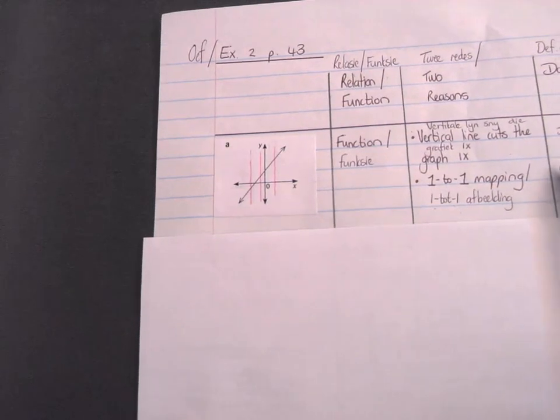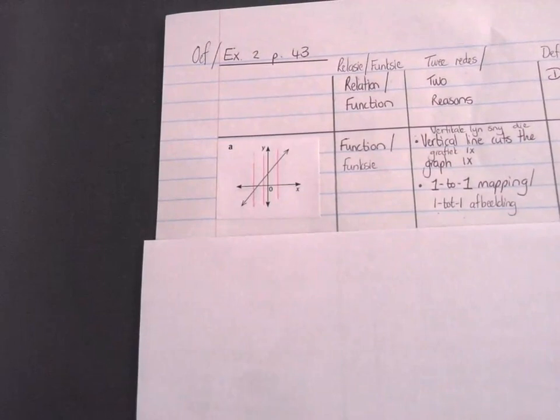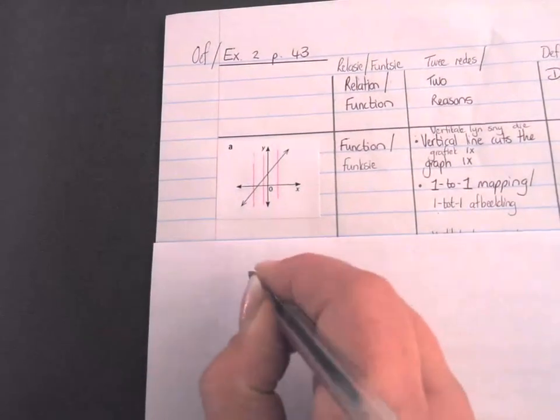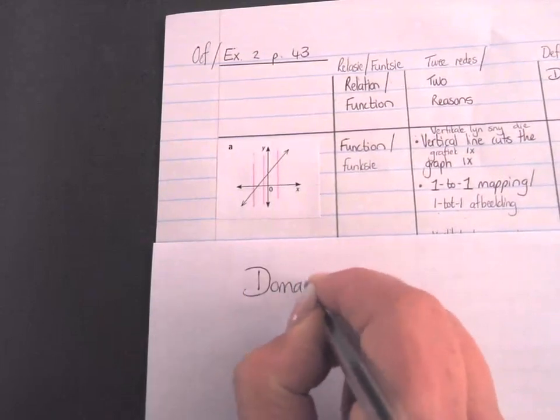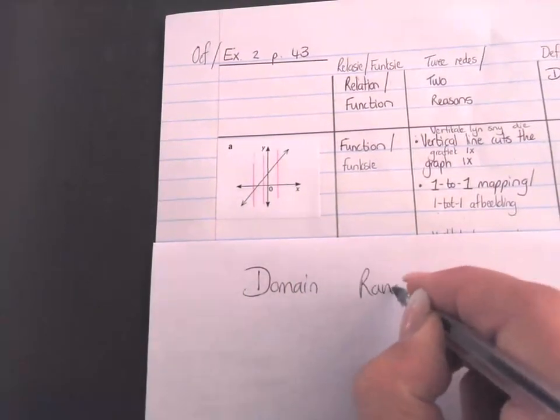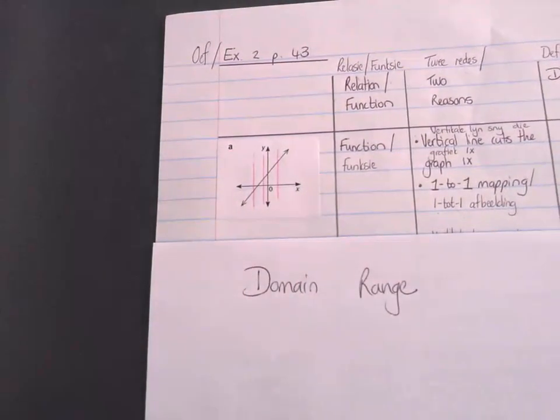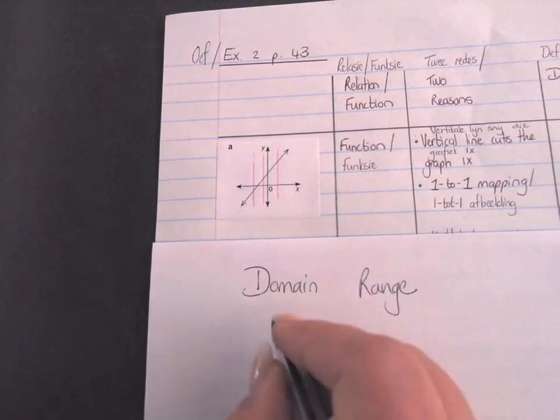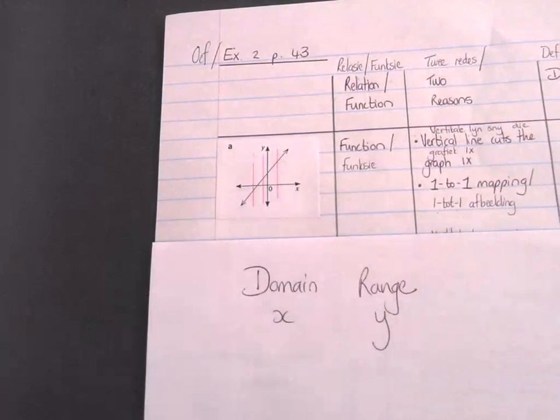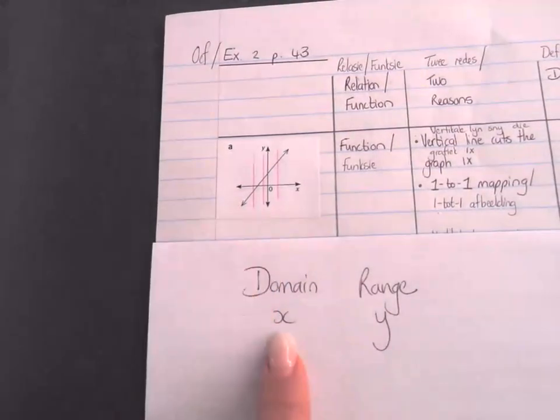Now, if you look at the domain and range, if you get mixed up which is which, remember it like this. Domain comes before range in a dictionary. The D is before the R, and the X is before the Y. So the domain are all the X's and the range are all the Y's.